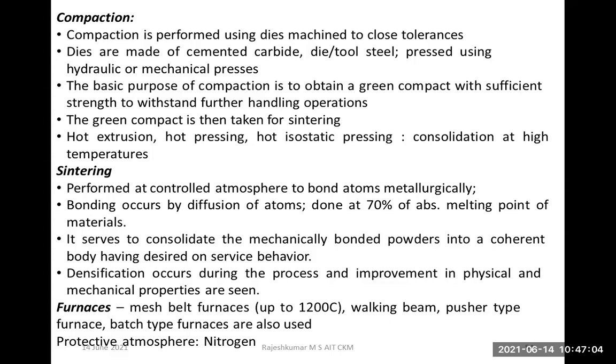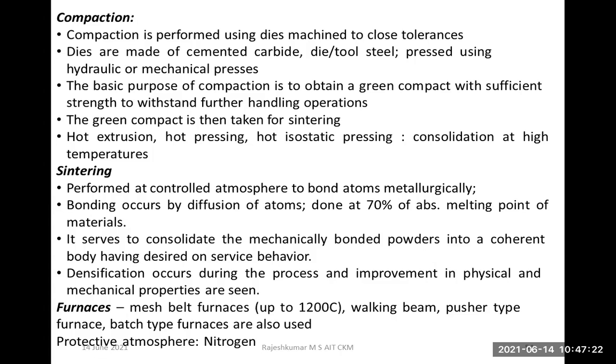This results in densification of the parts, which enables significant improvement of physical and mechanical properties. Sintering can be carried out in a variety of furnaces.